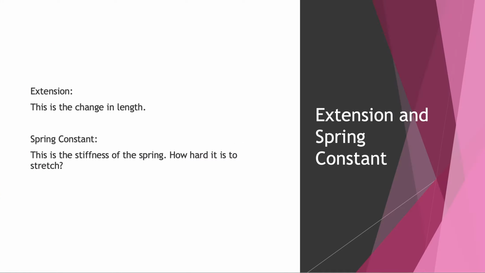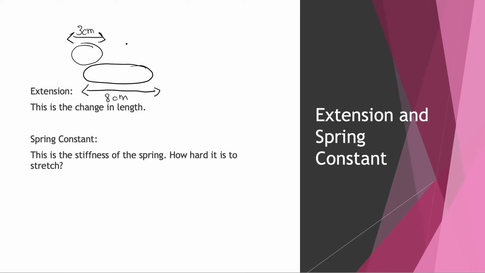The extension, as we've discussed, is the change in length. For example, if we have a rubber band and the length of this rubber band is maybe 3 centimeters, now we stretch this rubber band to make it bigger, and the length of the stretched rubber band is maybe 8 centimeters.